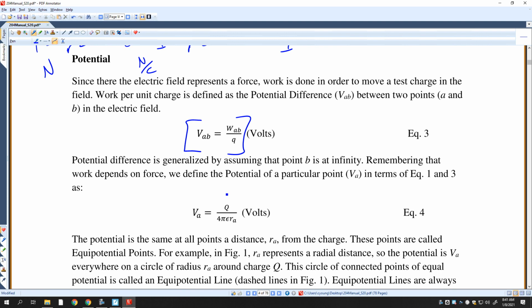And then since I know that work is equal to force times some distance, I can say that our voltage is equal to my force, which is kQq over r squared, times some distance, which I'm just going to say is r, divided by q, gives me an expression for voltage, which is kQ over r.